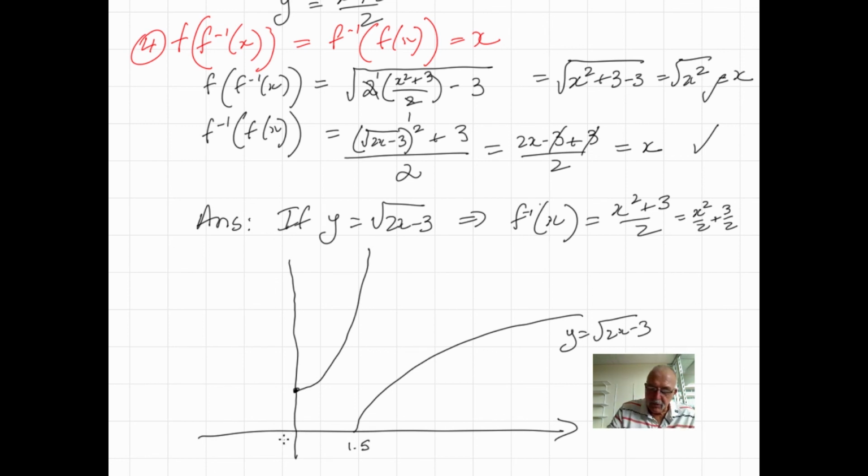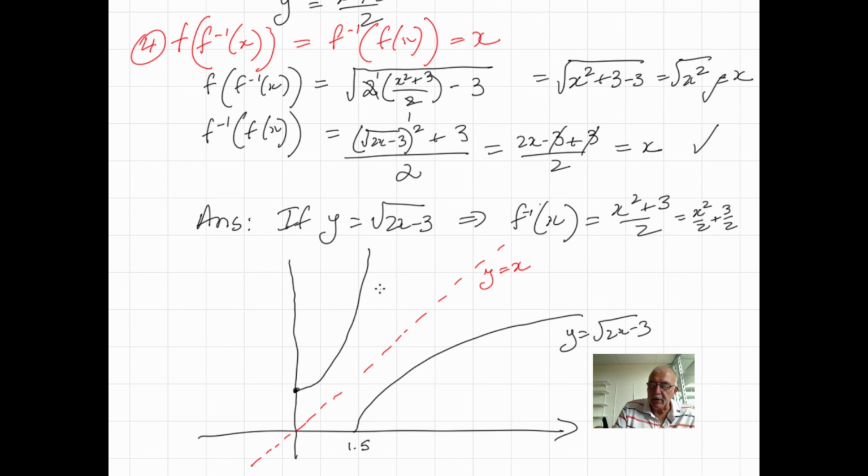Now if we were to draw y equals x, which I'll do in red here, you can see that there is a relationship. It's like a mirror image in y equals x.